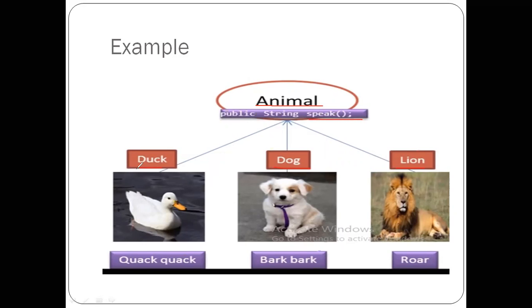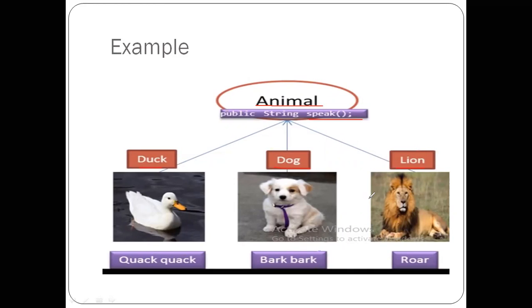How would a particular object speak here? A duck can speak like quack quack, a dog will speak like bark bark, and a lion can give the sound like roar. These are the speak methods of these three objects.